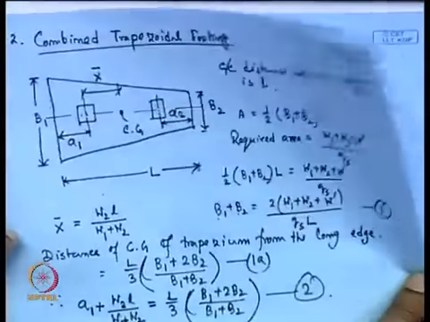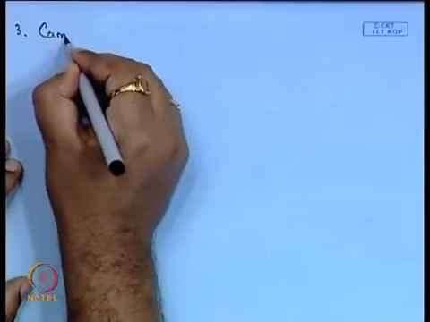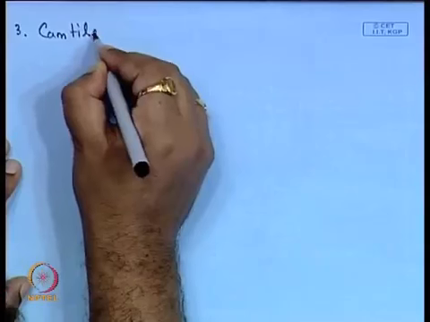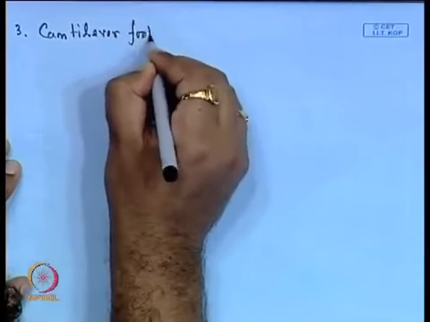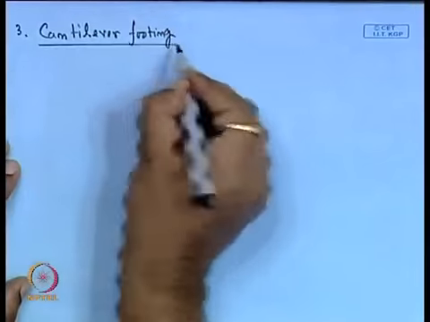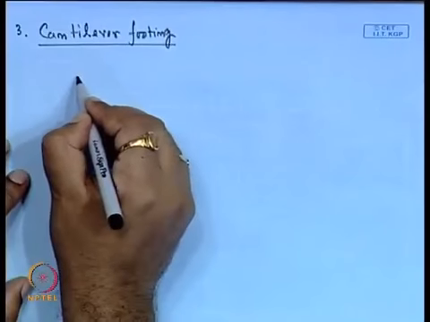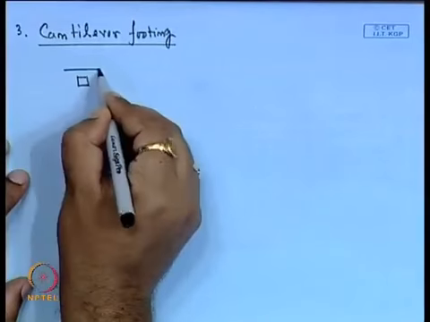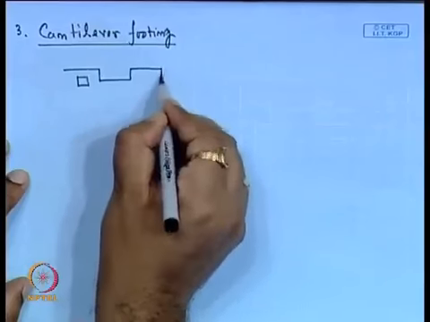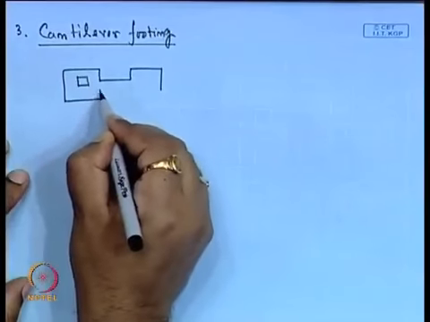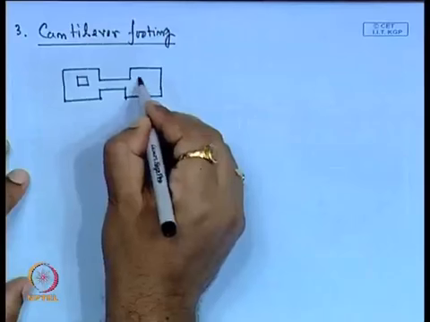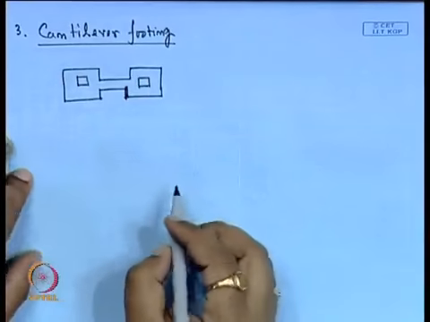So, next one is the cantilever footing, that we will discuss. This is how to determine this cantilever, what is the cantilever footing. So, third one is the cantilever footing. This is the cantilever footing that I have already mentioned. The footing looks like this, and these are the two columns which are attached.